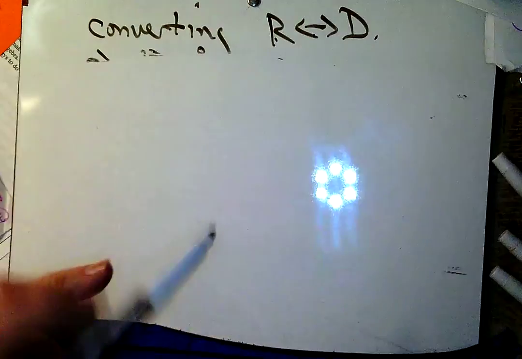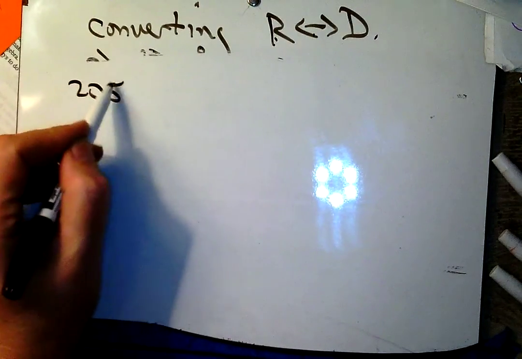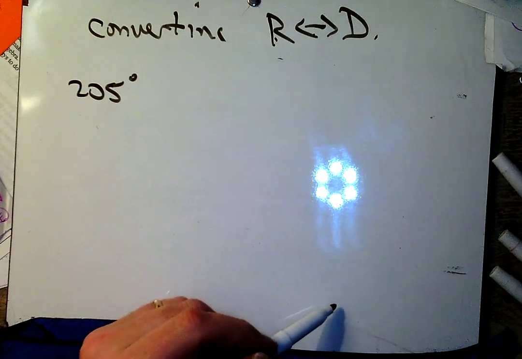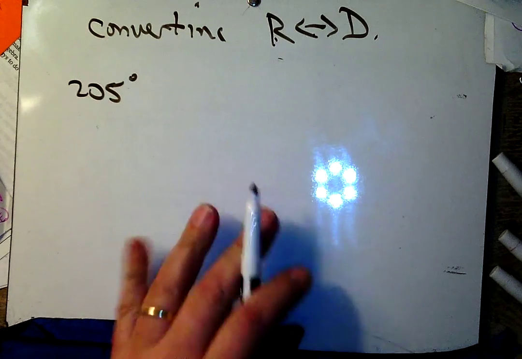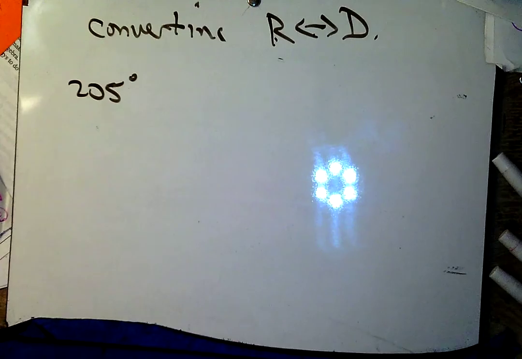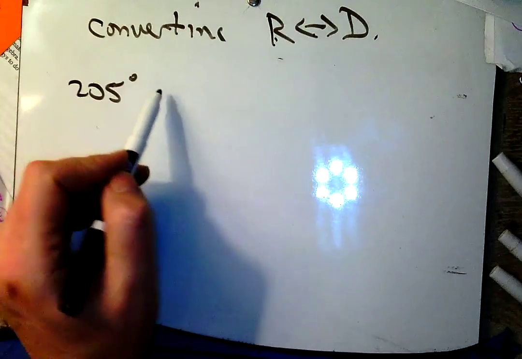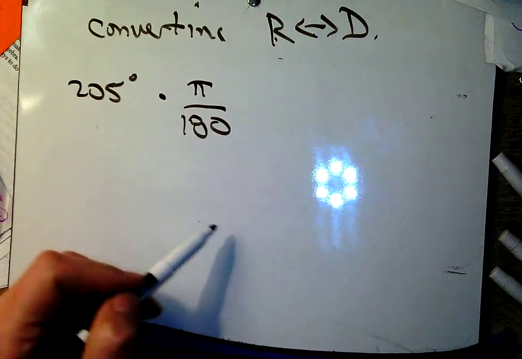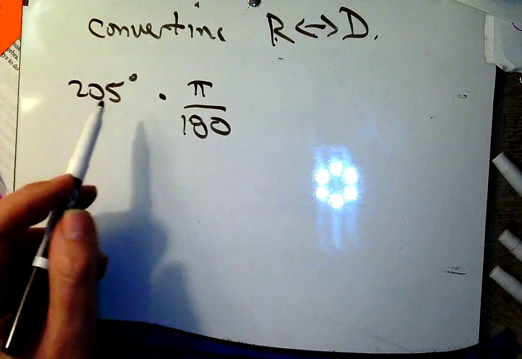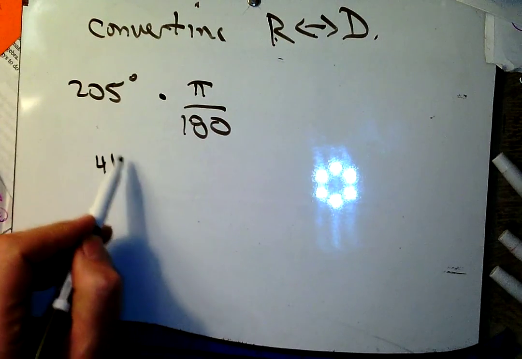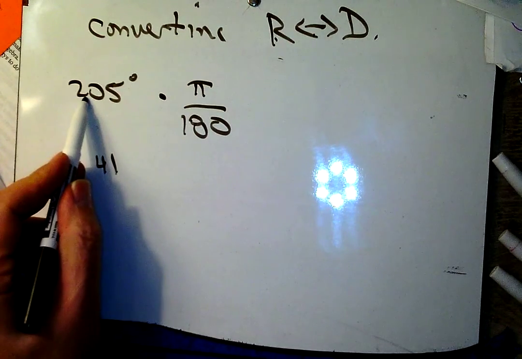How about taking 205 degrees and tell me how many radians that will be? 5, 4, 3, 2, 1. Okay, so if I multiply by pi over 180, I can figure this out. I know that this is 41 if I divide this by 5.